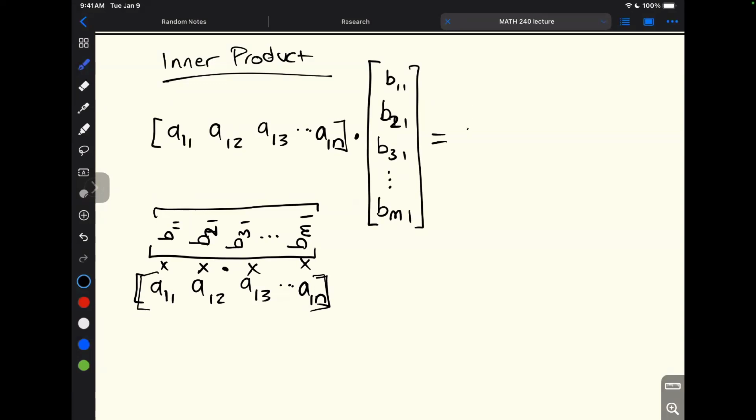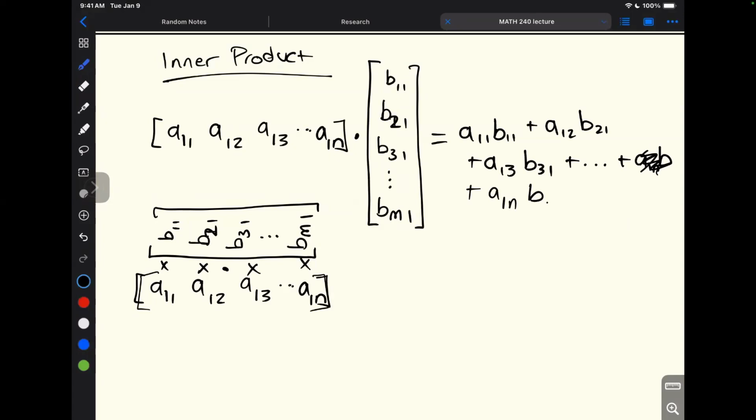So here, let's write this out. So it's A11 times B11 plus A12 times B21 plus A13 times B31 plus so on and so forth plus A1N times BM1. So we do all those, then we add them all together, and then we get a number.